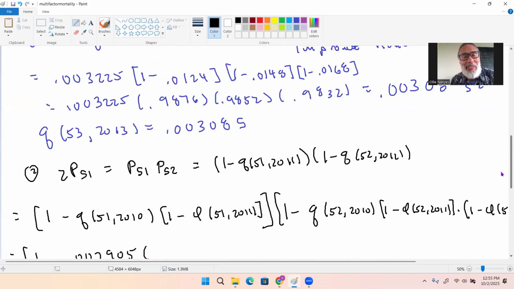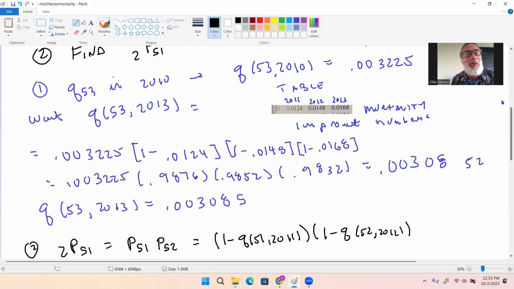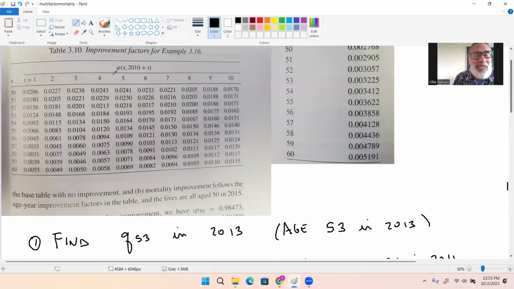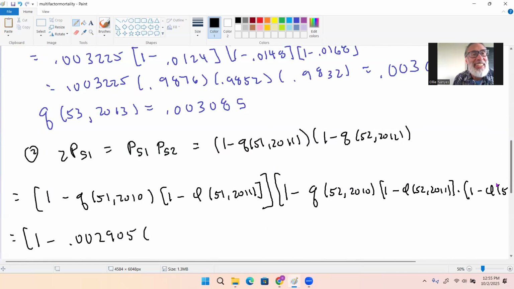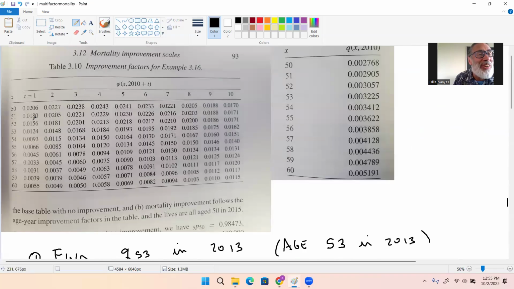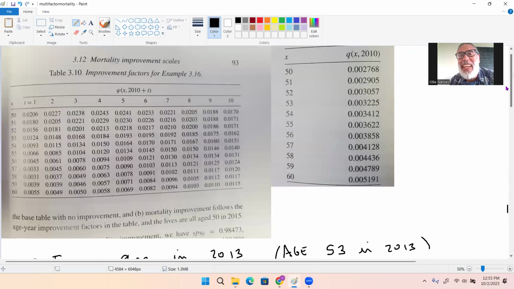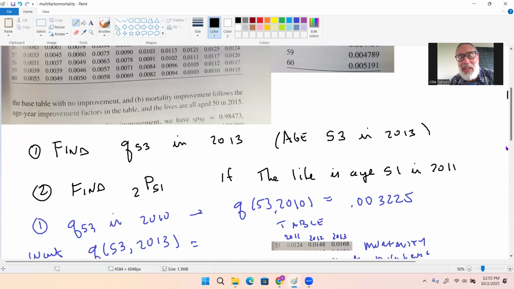Now, the number we want has had 1 year to improve its mortality, so for a 51-year-old, 1 year, it's 0.0180. Then this is multiplied by the mortality for a 52-year-old; the baseline in 2010 is 0.003057.